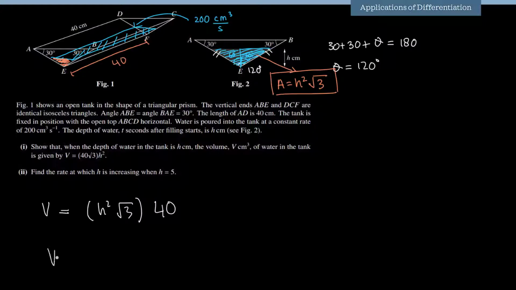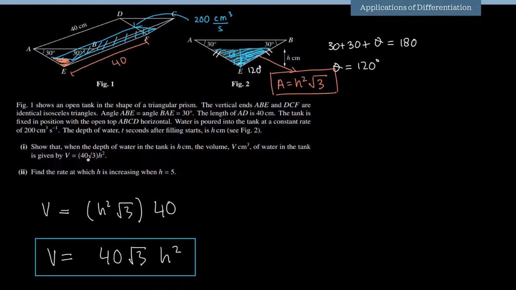So the total volume of this water comes out to be 40 square root 3 h square. And this was the equation that we needed to show in the first part. So this is the answer to the first part. I have shown that the volume of this water is equal to 40 square root 3 h square.